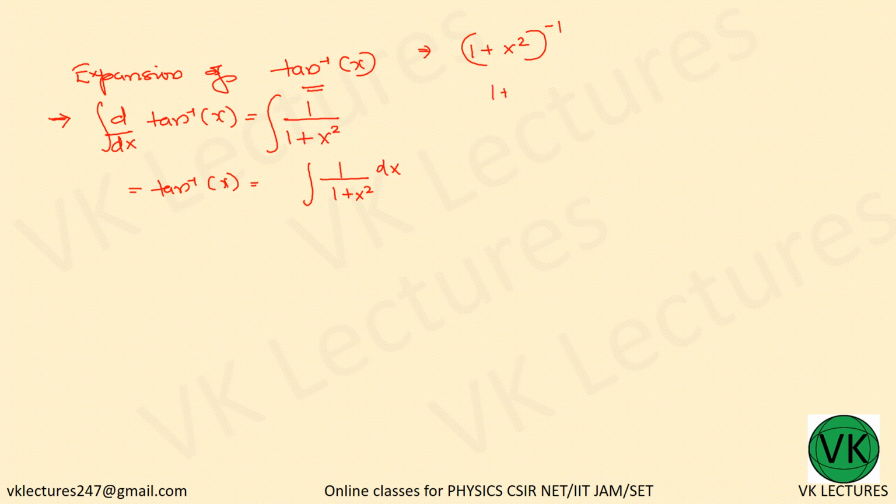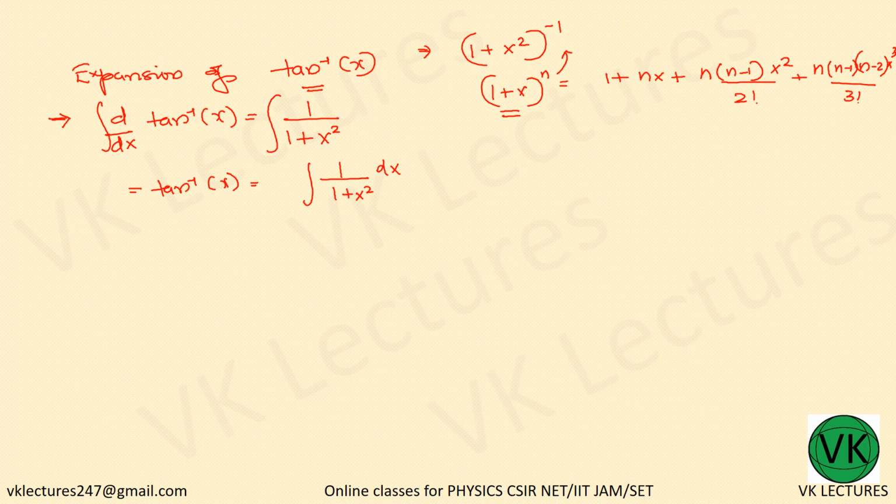But we know 1 plus x whole to the power n is 1 plus nx plus n into n minus 1 x square by 2 factorial plus n into n minus 1 into n minus 2 x cube by 3 factorial. Remember this one, okay? Don't remember that it is minus n; later we can just substitute for minus, okay? So 1 plus x whole to the power n is 1 plus nx plus n into n minus 1, okay, fine.